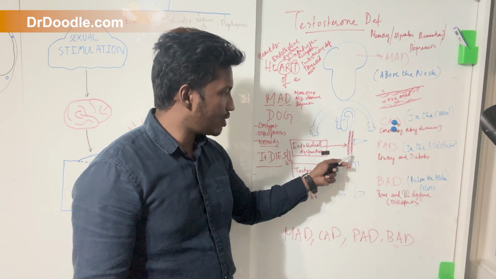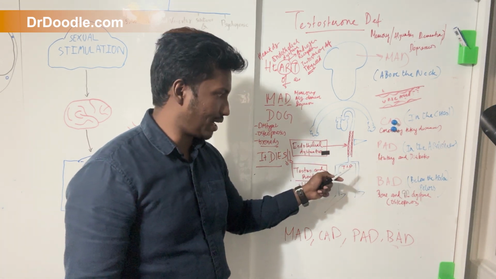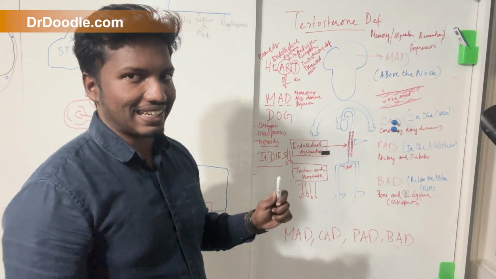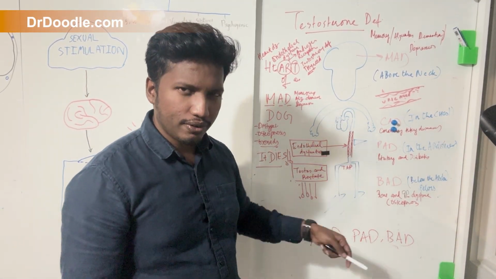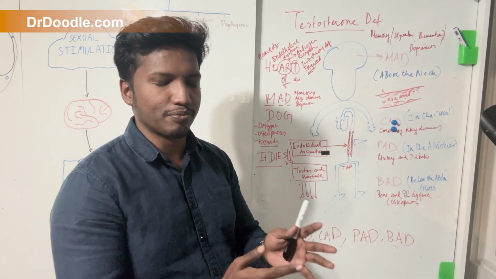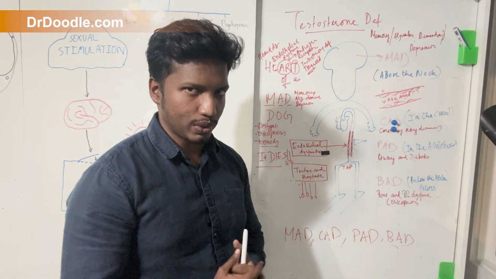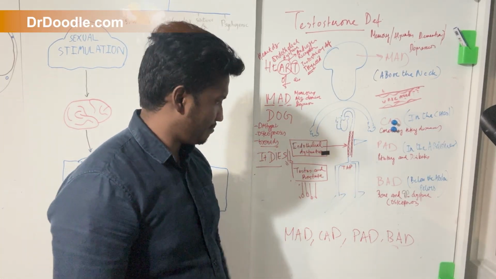So the vasculature to this TAP, which is the testis and the prostate being affected, will result in decreased blood flow. And this decrease in blood flow will further reduce the testosterone, because when your testis doesn't have enough blood, it won't be able to function well. So it goes in both directions.